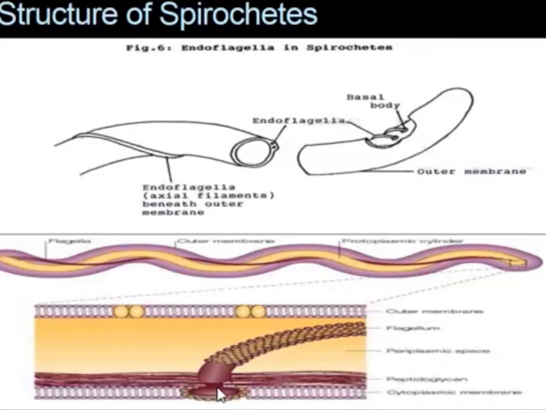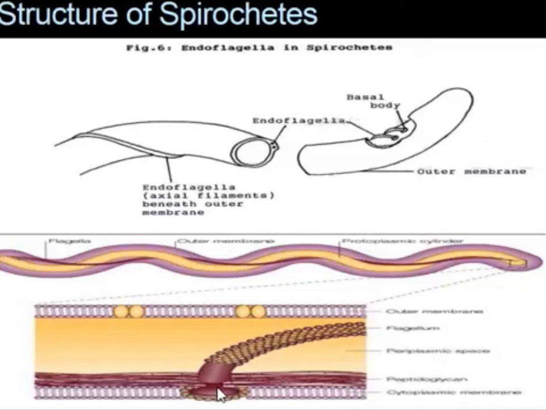We call that corkscrew-like winding motility. Again, because of the arrangement of the endoflagella in the coiled cell wall or the coiled body of the spirochete organism, that will give the spirochete organism a very unique type of motility we call corkscrew-like winding motility. How do you write corkscrew-like winding motility?